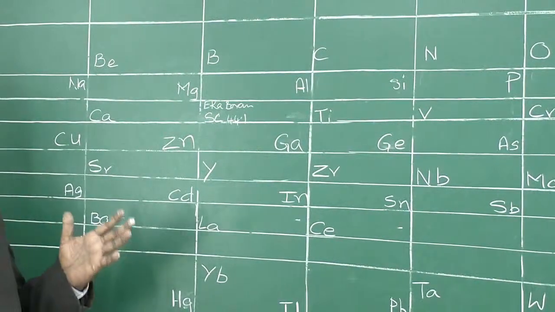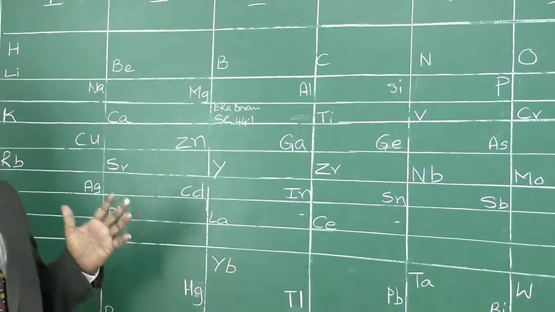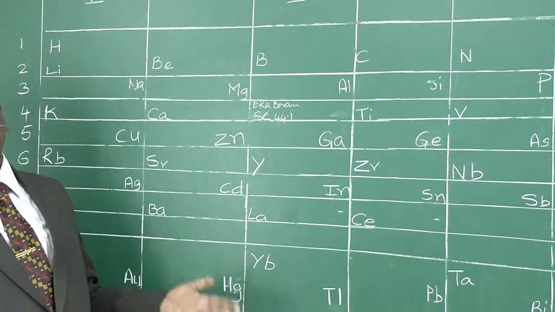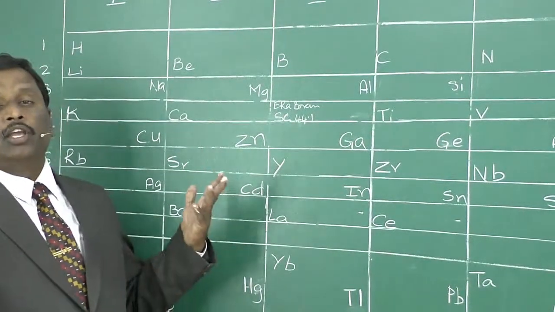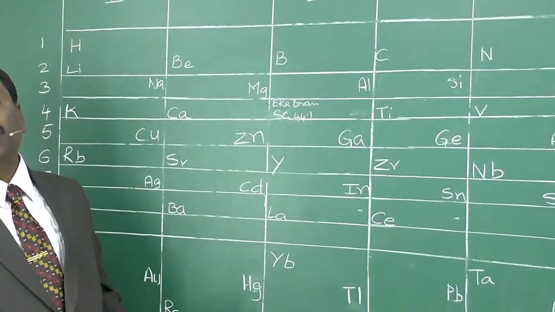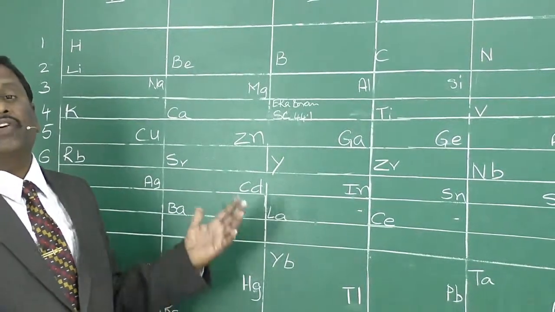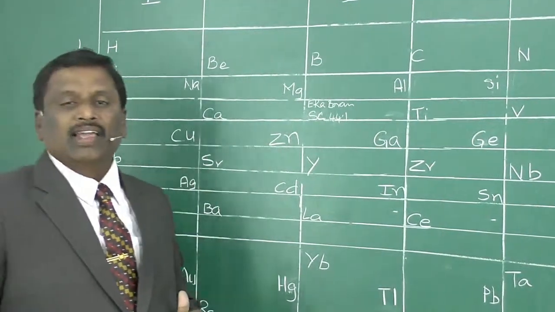So this is the great contribution of Mendeleev, because he kept gaps for the elements to be discovered, and he also assumed their characteristic properties. So if they know the characteristic properties and the atomic masses, it makes it easy for other scientists to discover such undiscovered elements.